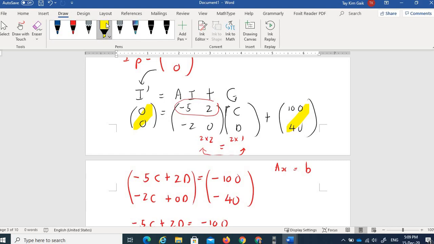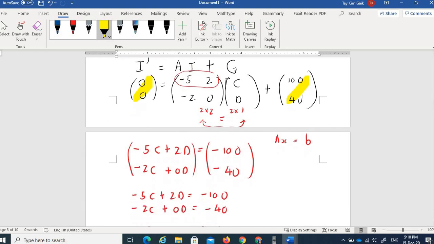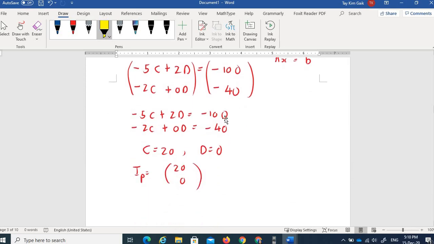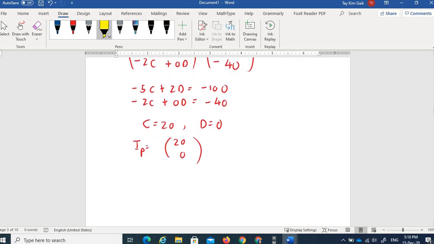Because A times I you maintain on the left side, this one goes to the other side and is collected with this, giving negative 100, negative 40. I encourage you to arrange correctly, then directly use your calculator to get C and D quickly. After you get C and D, you found your IP.